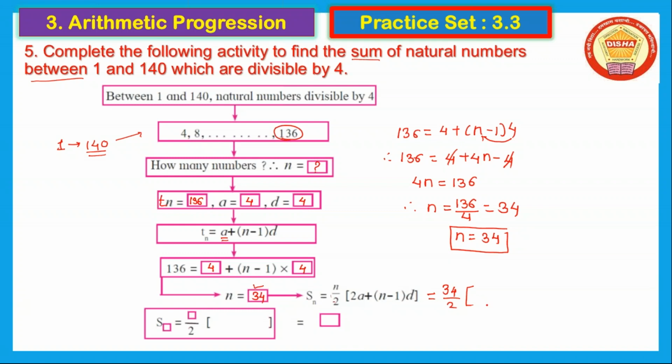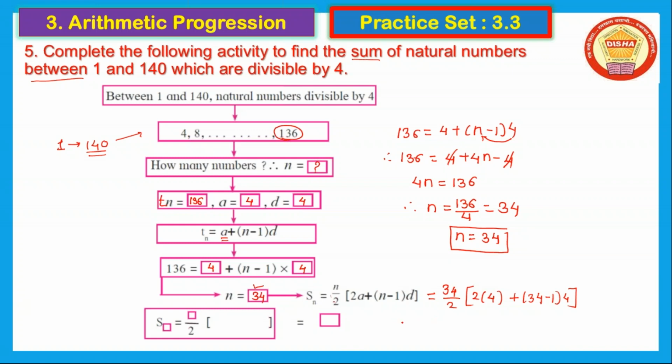We are not taking the other formula. What is 2a? a is 4, so we write 2 in bracket 4 plus n minus 1, that is 34 minus 1, into d, which is 4.